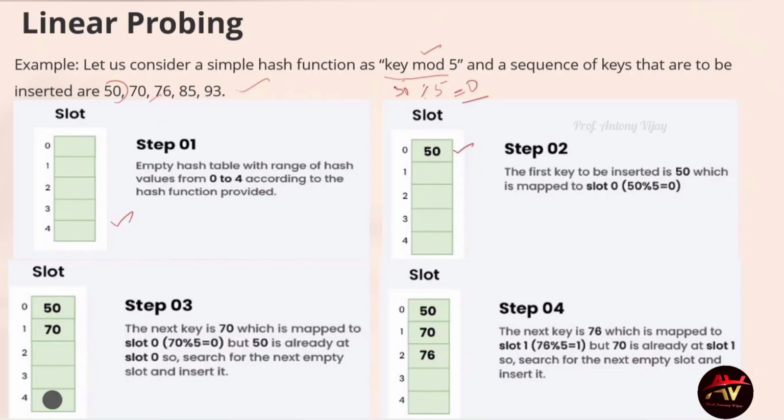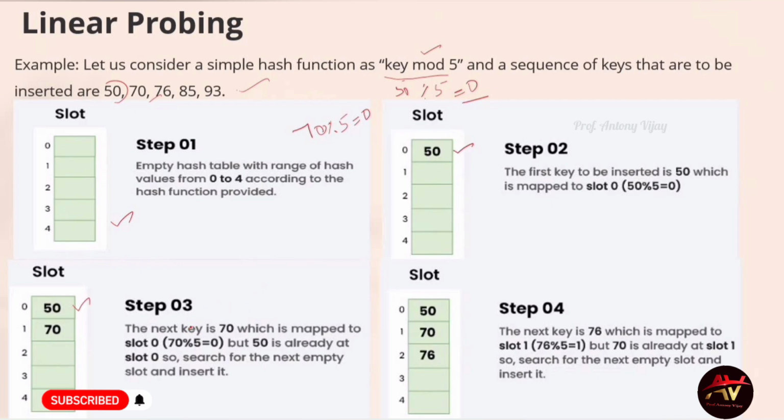Next is 70. 70 modulo 5 is again 0, but index 0 is already occupied by 50, so it is not available for 70. What do we have to do? We apply linear probing and find the next available location.